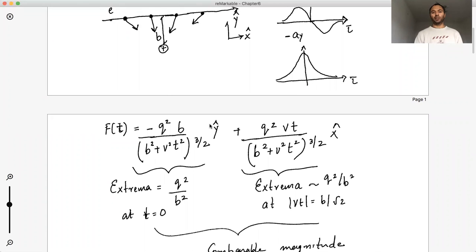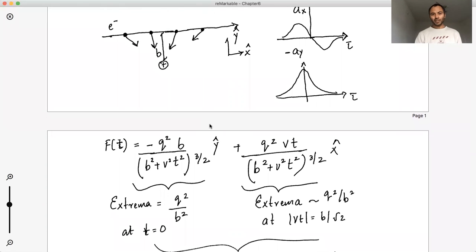So what does the force look like as a function of time? The y component of the force is going to be determined by the Coulomb force times the charge. The charge is q of the electron, and the Coulomb force is q divided by the distance squared. But we just need the y component, so we need to take a direction cosine along the y-axis, which is b divided by the distance.